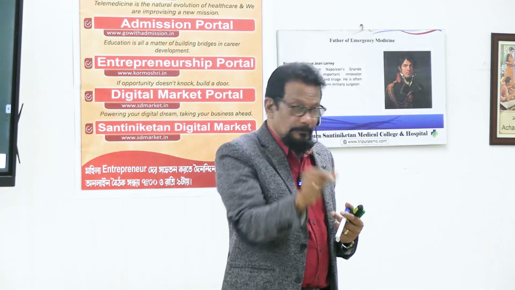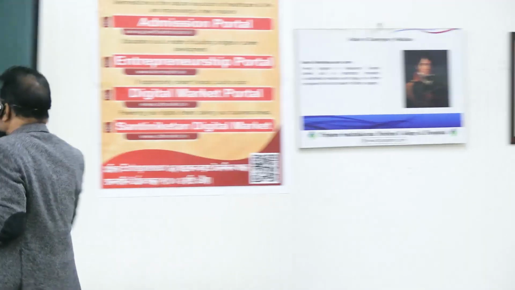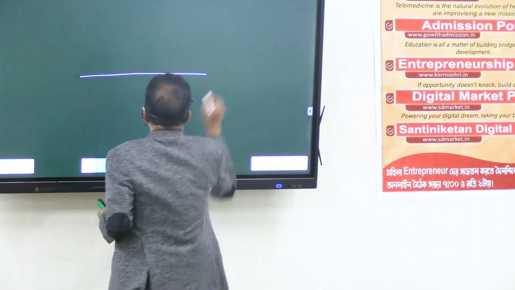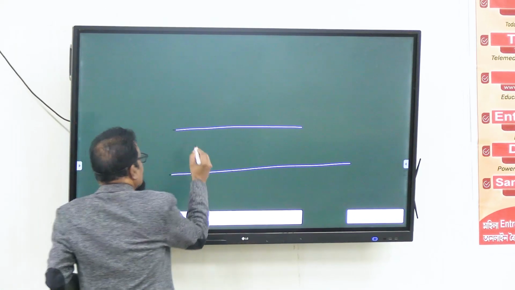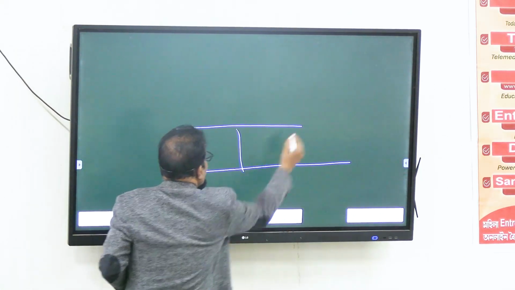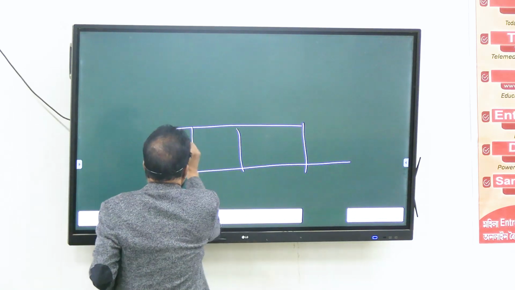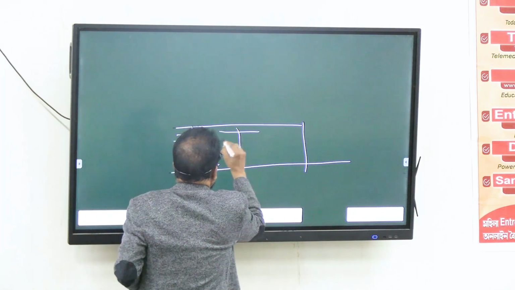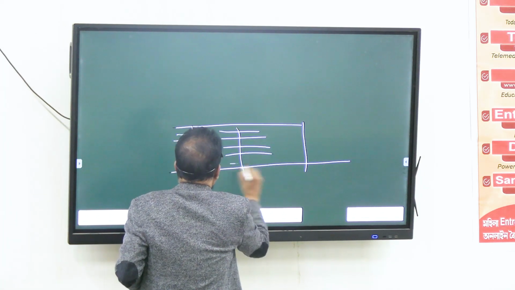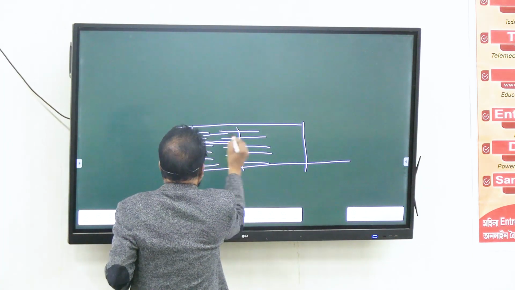There are T-tubules. Muscle fiber. So these are actins, the J bands. Here actins are there, and in between myosin is there.